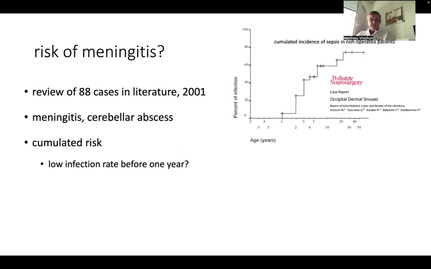So what is the risk of meningitis? A long time ago, I did a review of the literature, which was rather extensive, with 88 cases collected in 2001. And the cumulative incidence of sepsis in these patients amounted to more than 75% of these cases with time. But I did not find at that time any case of infection reported under the age of 1 year.